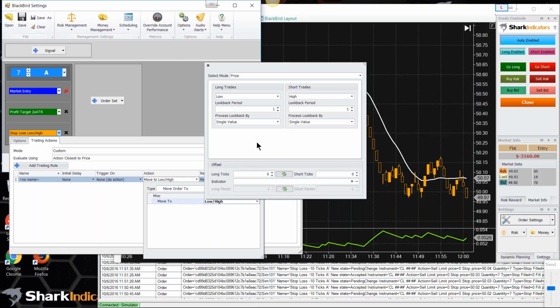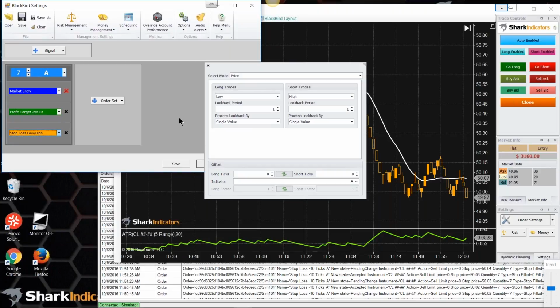If we open this up, we'll see this window is set up exactly the same as the initial placement window that we just looked at. So we have our mode set to price, and we're just looking at the low price of the last bar, the previous bar, and that's what we're setting the stop loss to.